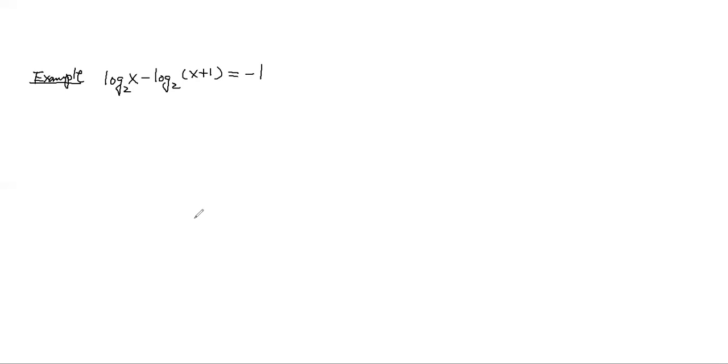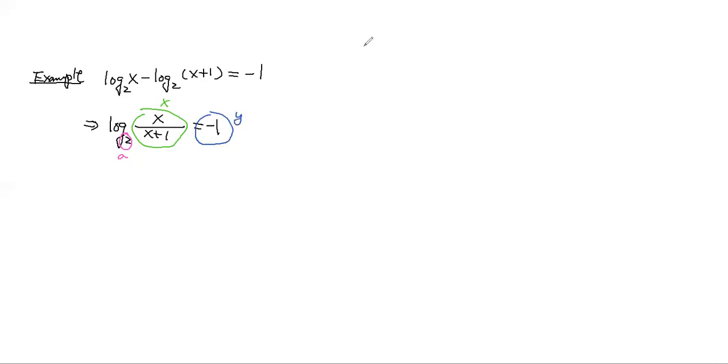So the first thing you say is, oh, I recognize log minus log. What is log minus log? By using my log property, this is log base 2 of x over x plus 1, correct? Now you say, oh, okay, so now this is my base, this is my x, and this is my y's here.